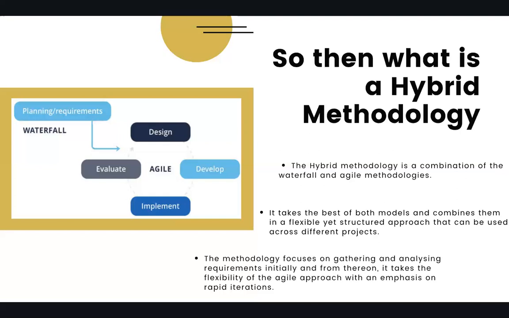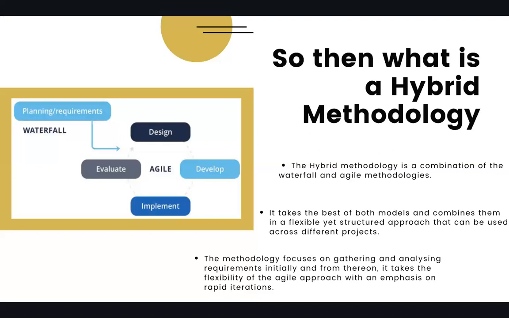And as you can see in the diagram on the left-hand side, you start with your planning as a waterfall feature, which kind of sets you on the right path that you need to be on in order to get to your final product.